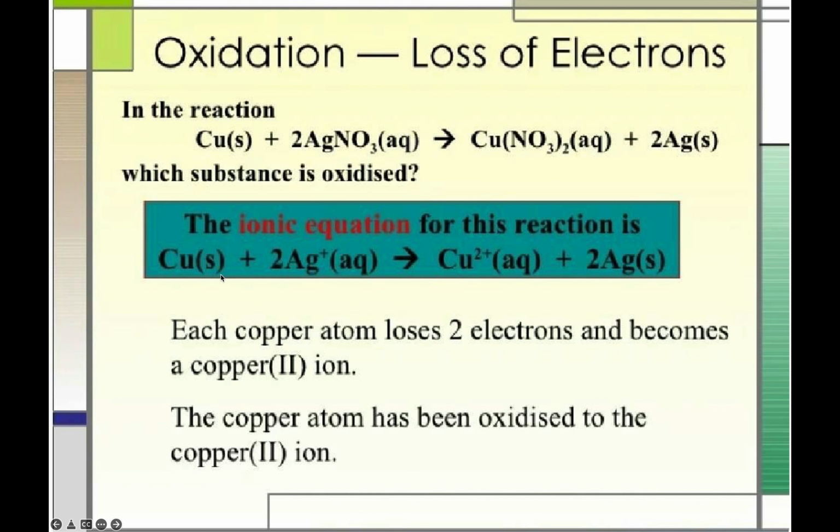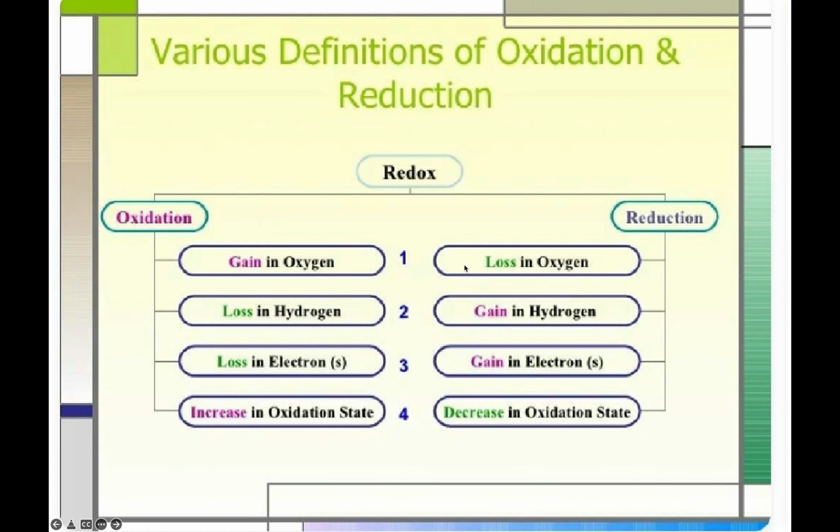You can see that the copper atom loses 2 electrons and forms Cu2+ ion, whereas the silver ion gains an electron and becomes just silver. So copper atom gets oxidized to copper ion. Hope you understood this concept.